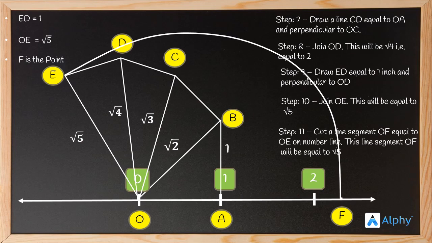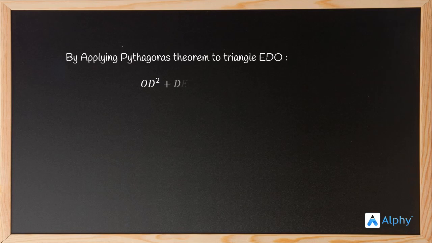Now we'll come down, since in this question only root 5 was asked, to see how we got root 5 as the length, how we obtained it from triangle ODE. By applying the Pythagoras theorem to triangle EDO, you get OD square plus DE square equals EO square.